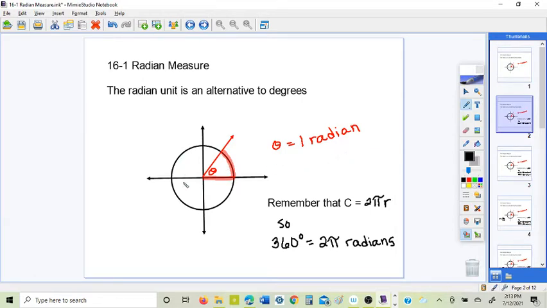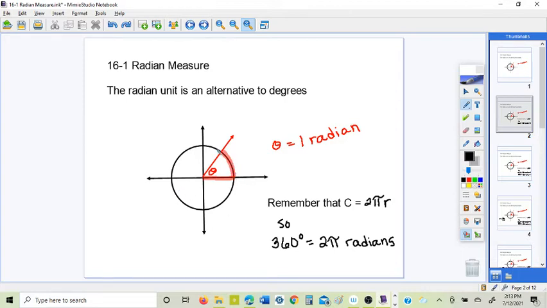Okay, so the circumference of a circle, since we're thinking about a circle, is 2 pi r, as you probably remember. So if we know that the circumference of the circle is 2 pi r, wait a minute, r is this far. So that means there are 2 pi of these, so about 6.28 of these to go all the way around the circle.